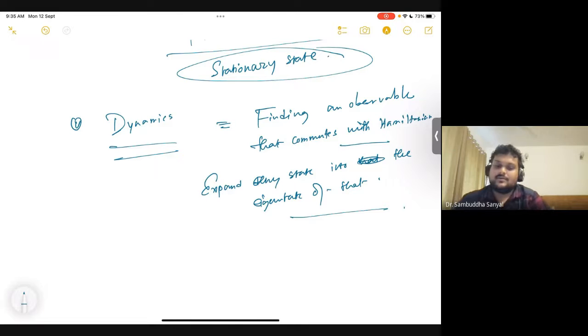That is the whole game of dynamics, and we'll see after mid-sem how we will do various calculations based on that. Then we'll make some connections with classical mechanics, and that is where I stop. This is the syllabus till mid-sem.